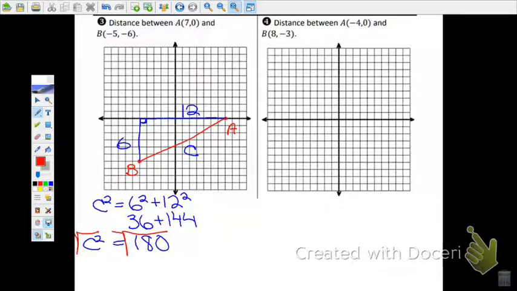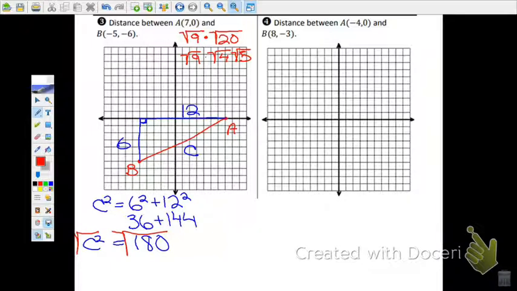Okay, so square root of 9 times what is 180? 20. So 9 times 20. What about 20? Is there a perfect square that goes into 20? 4. How many times does it go in? 4 times 5.